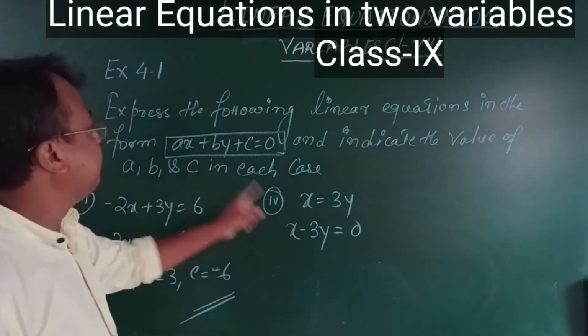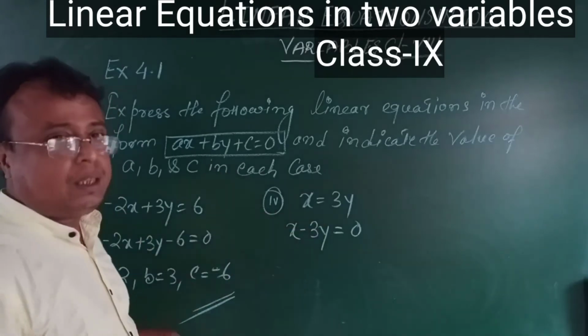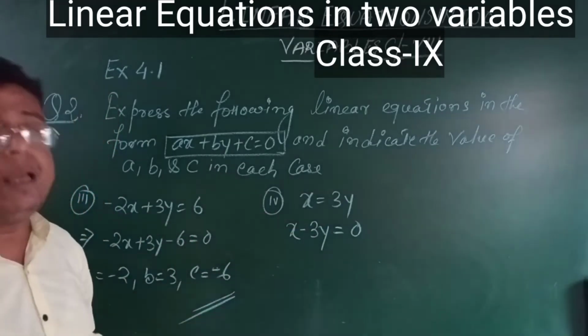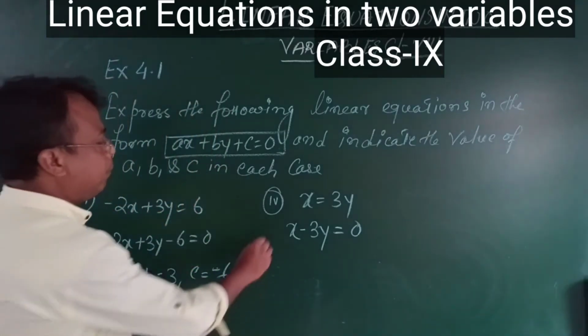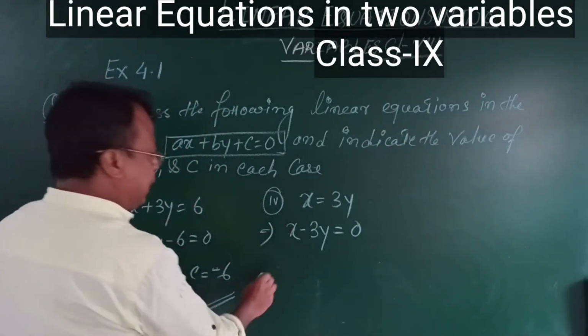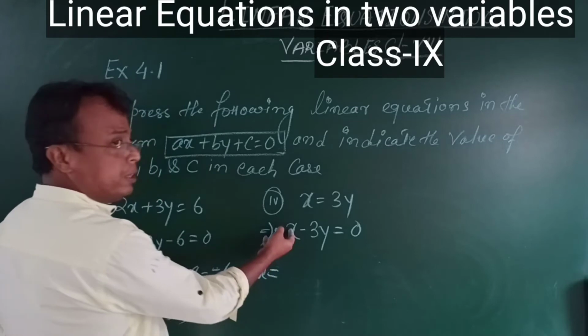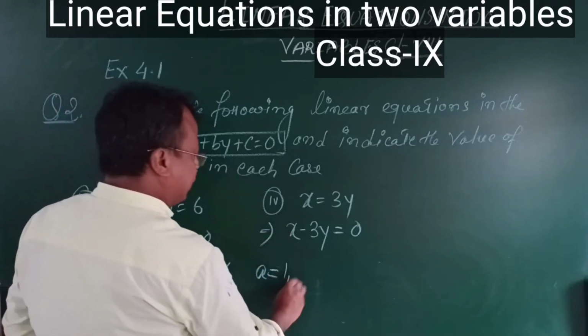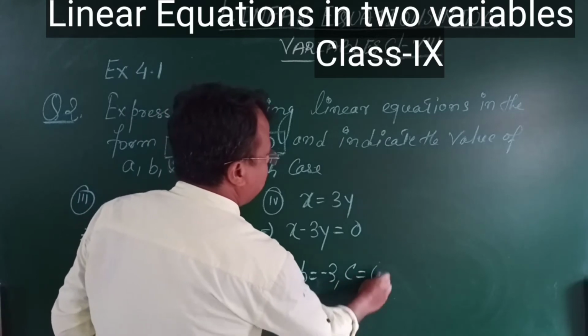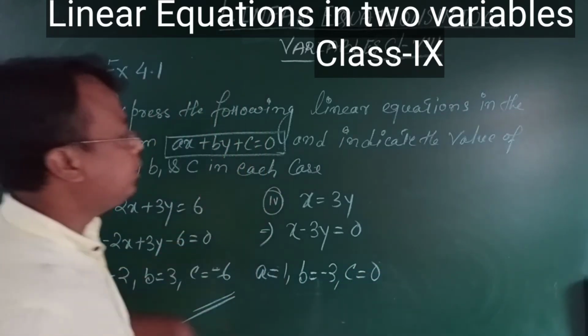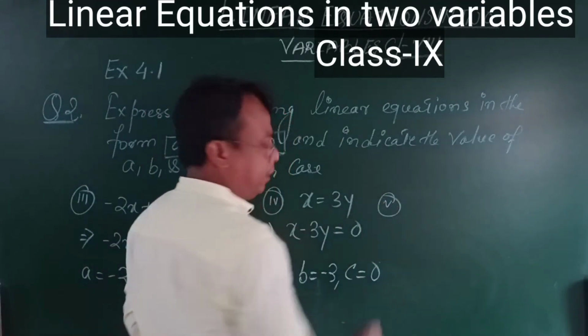So a is there, b is also there, but c is missing here. If c is not there, you write the value of c as 0. So if you compare with the standard form, what is a? What is the coefficient of x? It is 1. What is b? b is minus 3. And what is c? c is equal to 0.